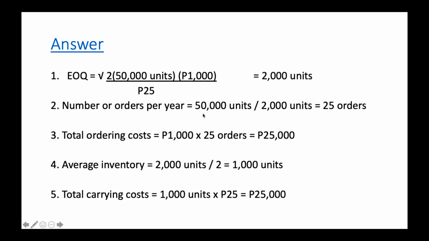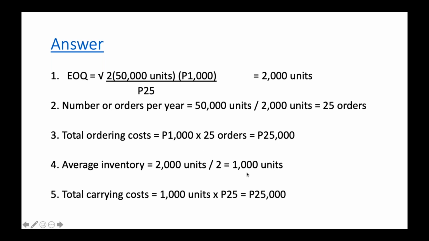Now, for the average inventory, that is the beginning inventory plus the ending, divided by 2. So if we have 0 beginning and we ordered 2,000, and then we do it 25 times, we are holding 0 to 2,000 inventories. So 0 plus 2,000, that's 2,000 divided by 2.